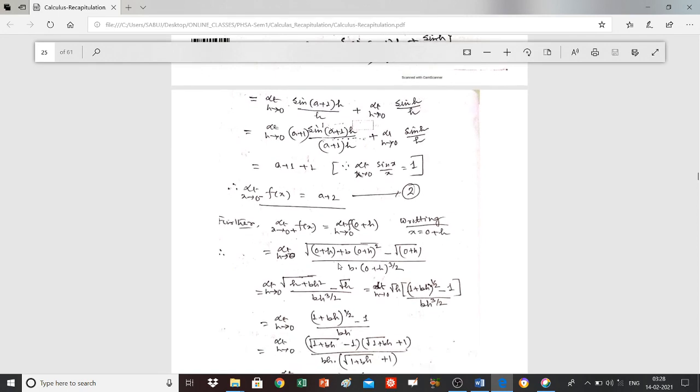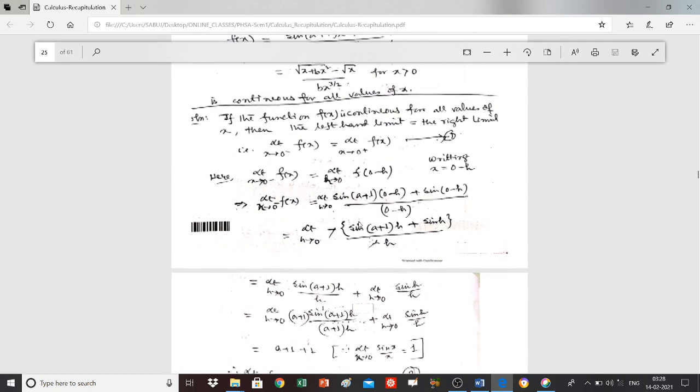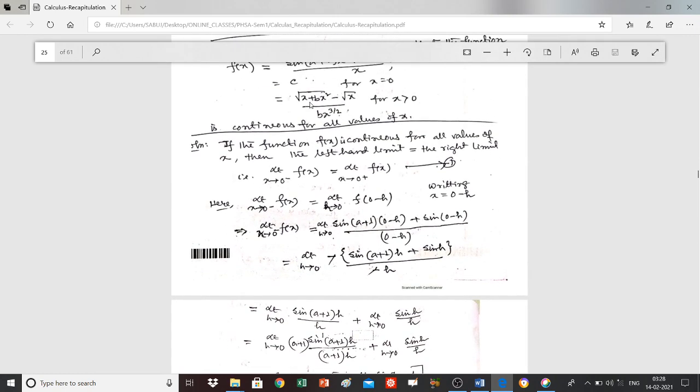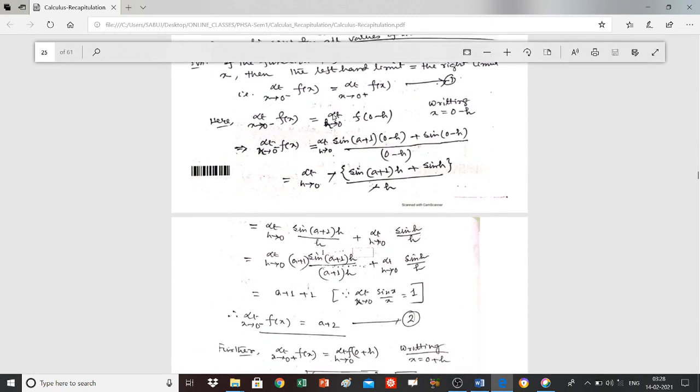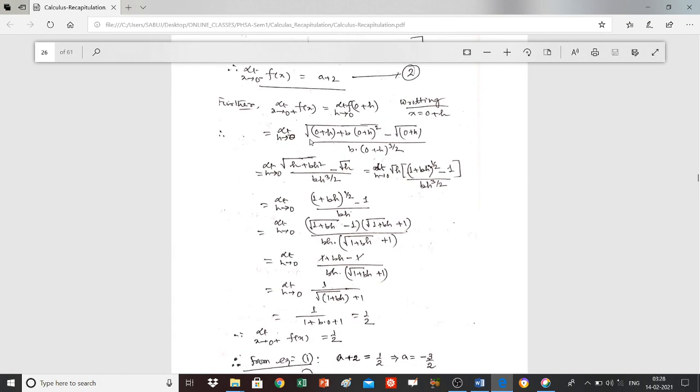Now the right hand limit. The right hand limit can also be written in this way, that is h tends to 0 plus h. But in this case x is greater than 0, so you have to use this value, that is root over x plus bx square minus root x by bx to the power 3 by 2. But in this case x is replaced by 0 plus h, then b into 0 plus h whole square minus this.